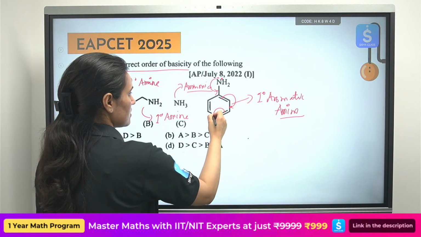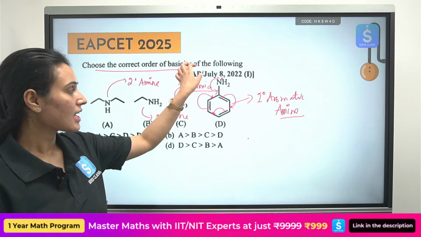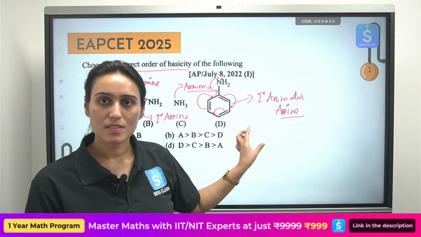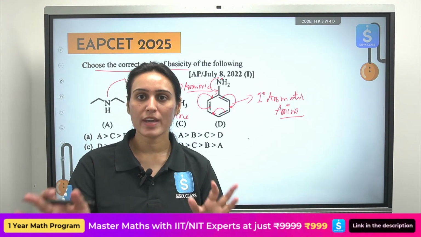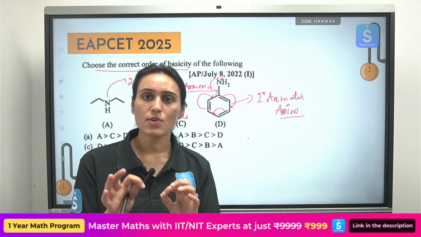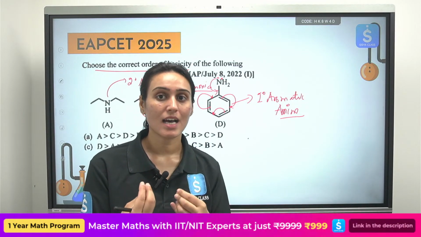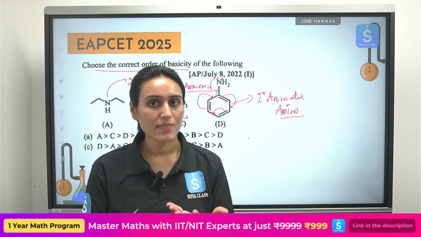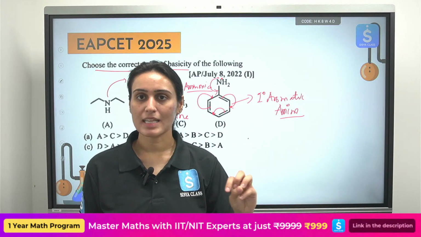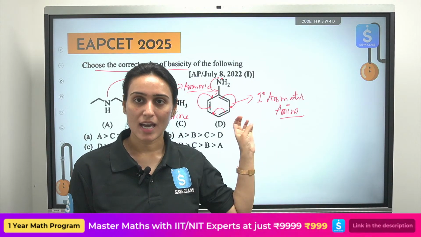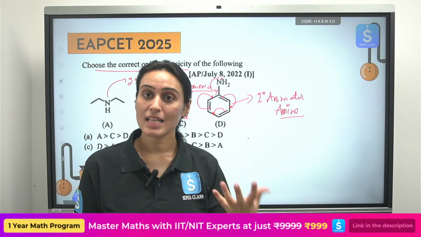With the aromatic ring. If the lone pair of electrons is delocalized, it is moving within the system. Because of delocalization, it is less available. If it is less available, it can't be donated easily. So if you compare your aromatic and aliphatic system, your aromatic amines are less basic.